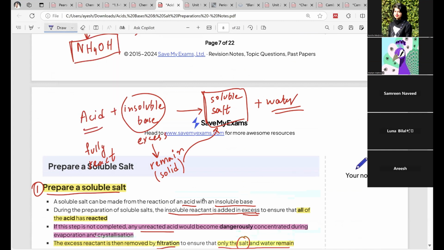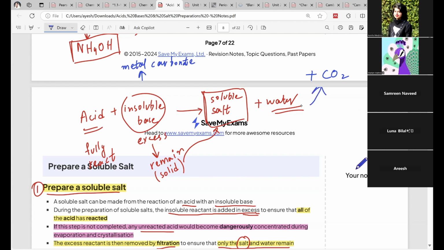I just said that if we have acid reacting with insoluble base, making a soluble salt and water, this insoluble base can be of three types. It can be metal oxide, metal hydroxide, or metal carbonate. If it is metal oxide or hydroxide, then it is soluble salt and water as the product. But if it is metal carbonate, in that case there will be a third product as well, and that is carbon dioxide.